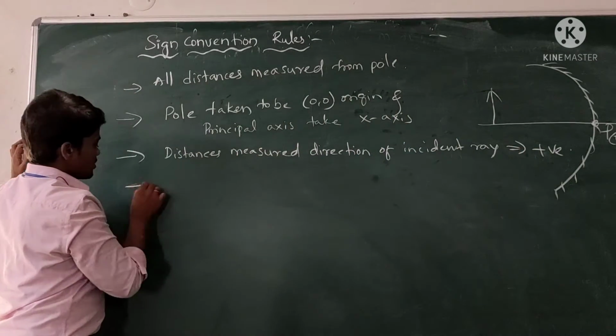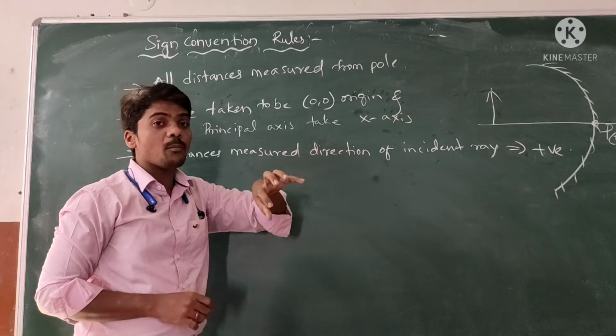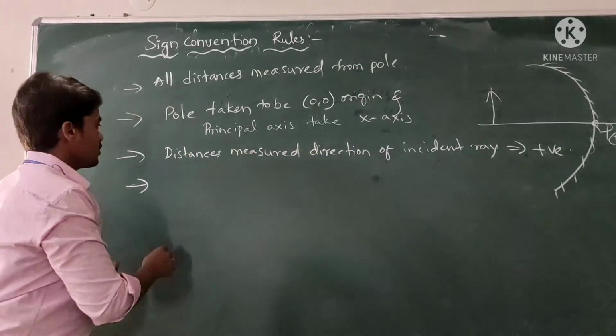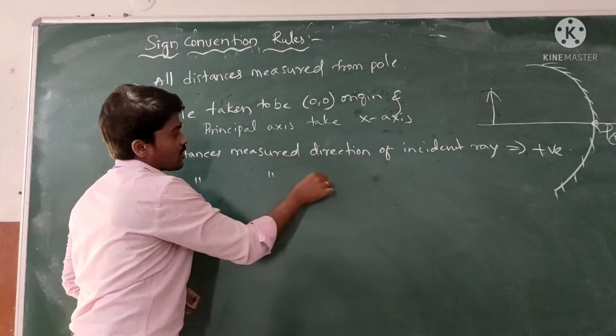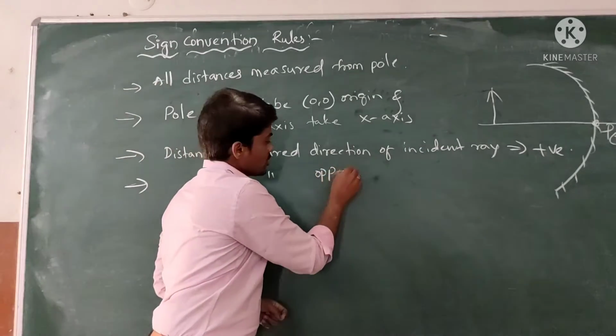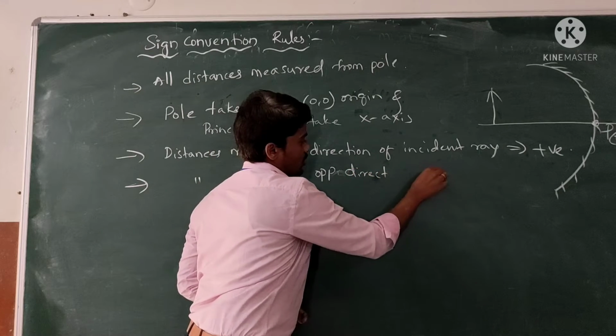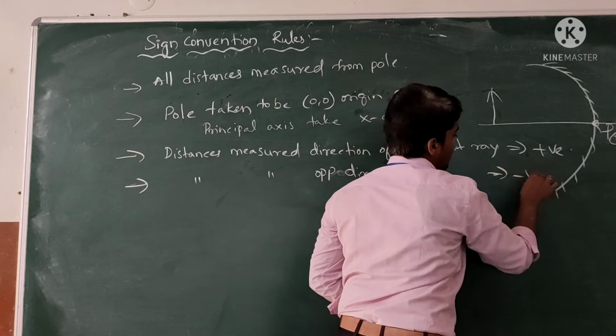See the next one: distance measured opposite to the direction of the incident ray is taken as negative.